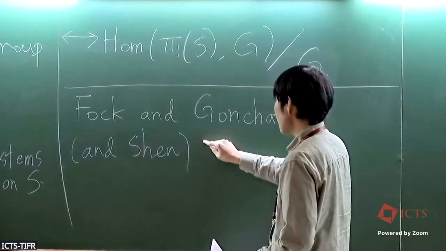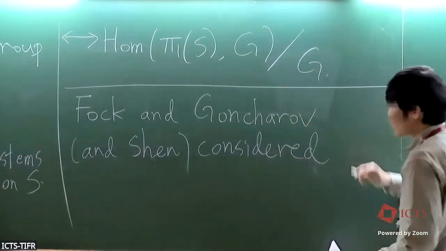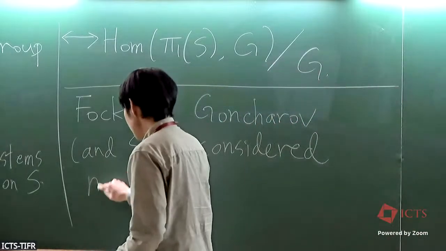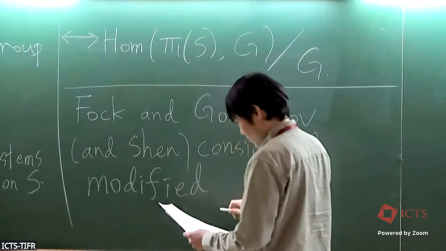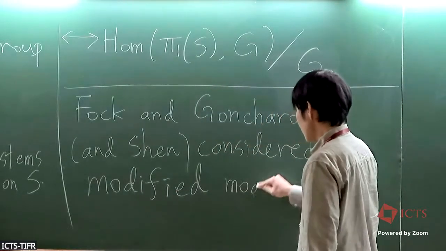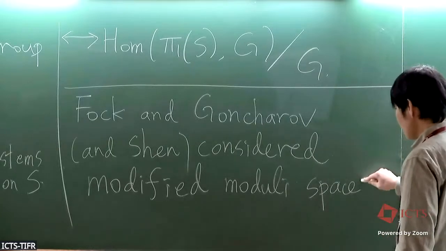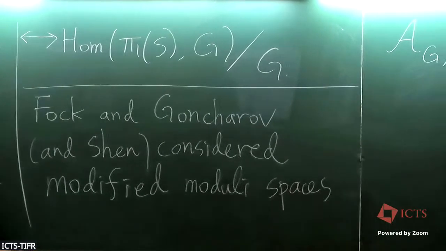Largely, there are two. One is called A_{G,S}, and the other X_{G,S}.